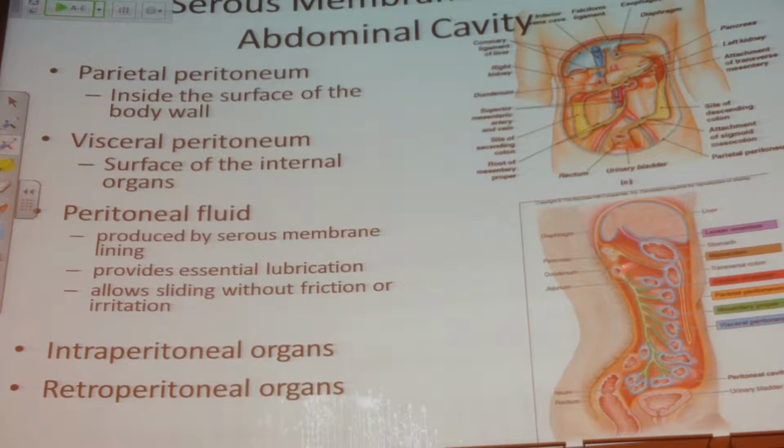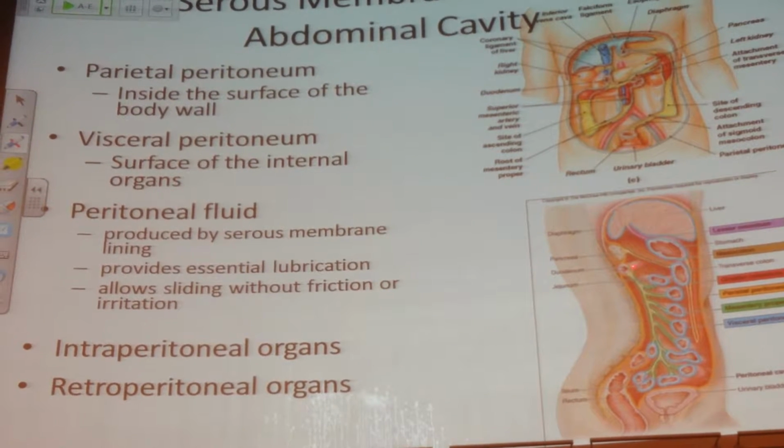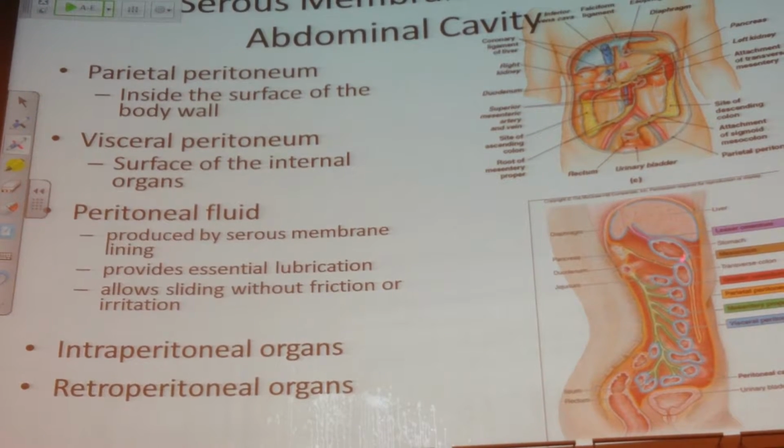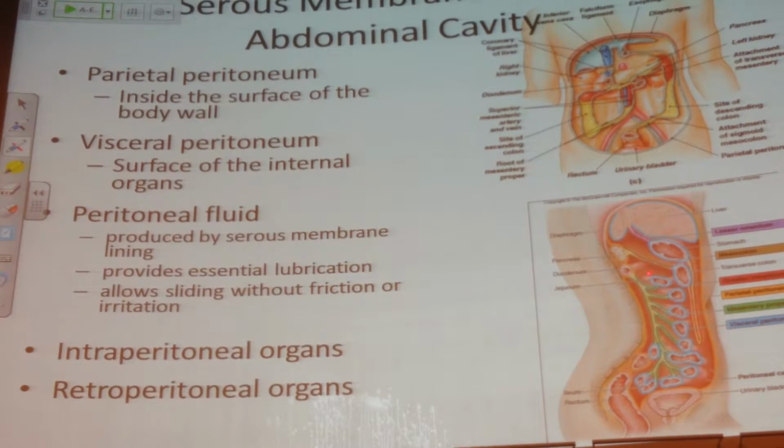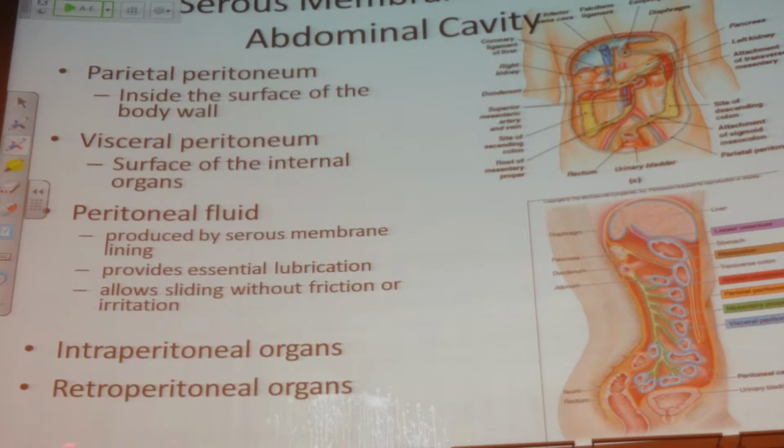I will have to be careful, most of the small intestine, because a portion of the first part of your small intestine is outside. So there are also retroperitoneal organs, which lie in between your parietal wall and your inner body, like the pancreas and also the kidney. Oftentimes when they're inflamed, that gives you back pain, because they're lying right against your body wall.